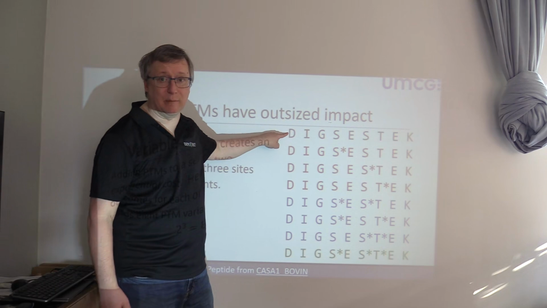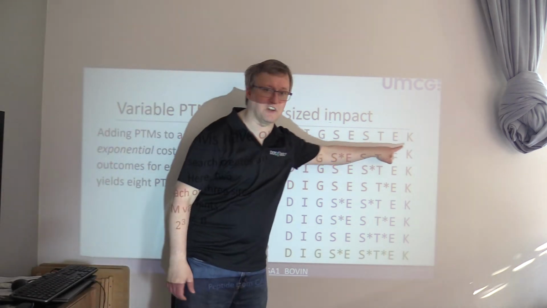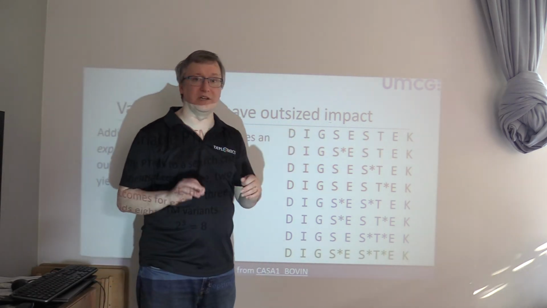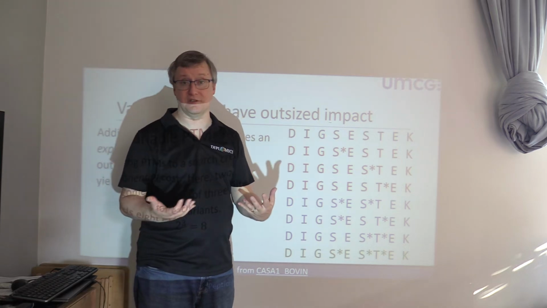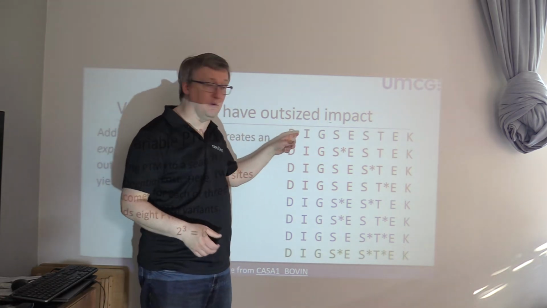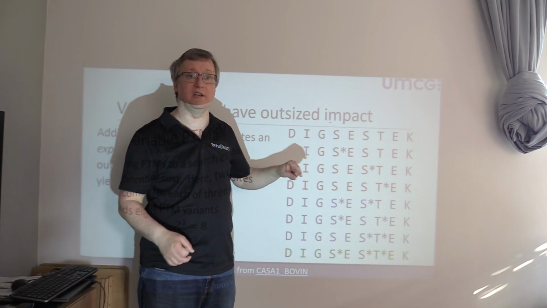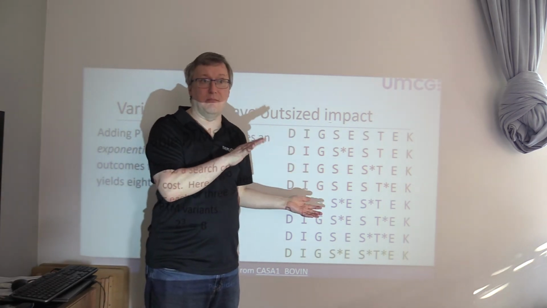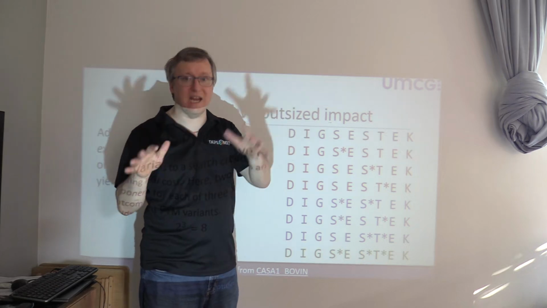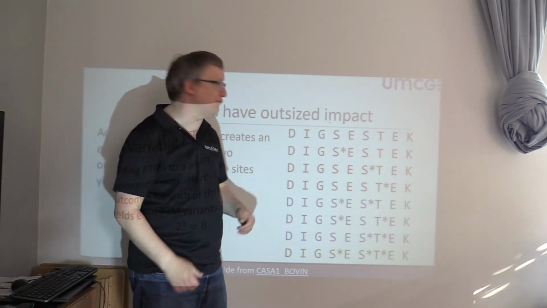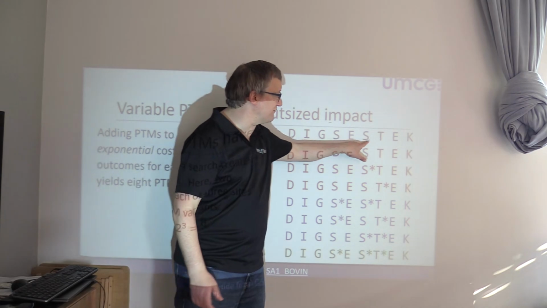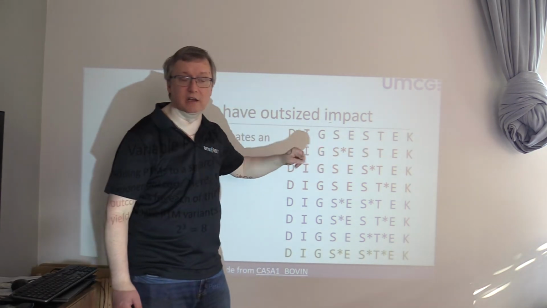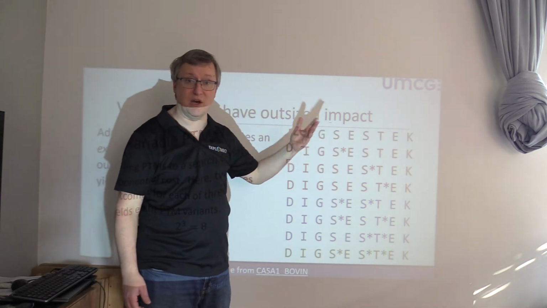So here we have the bare peptide, no modifications on board. And we're going to pretend we're doing a phosphorylation search, which means if there's a serine or a threonine or a tyrosine, we must consider it in both its base mass and in its plus 80 phosphorylated form. So we have 3 different sites within this peptide that may or may not be modified.